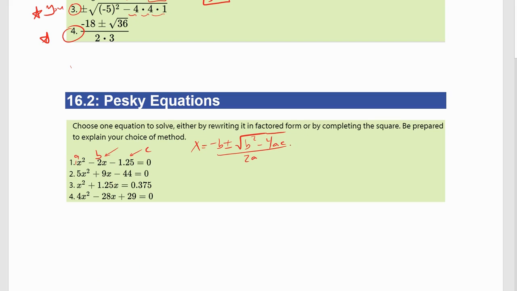If you substitute it in here, you should get x equals 2.5 or x equals negative 0.5. And that makes sense if you think about it, because if you did factored form, you could have written it like this, right? And you would have seen that the negative 0.5 times the positive 2.5 would give you the negative 1.25.